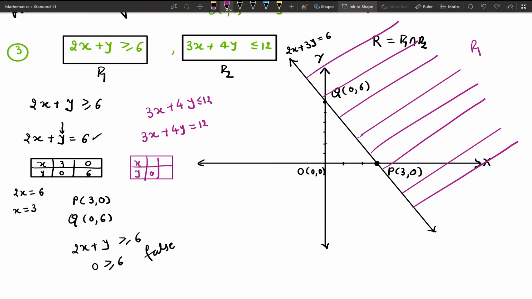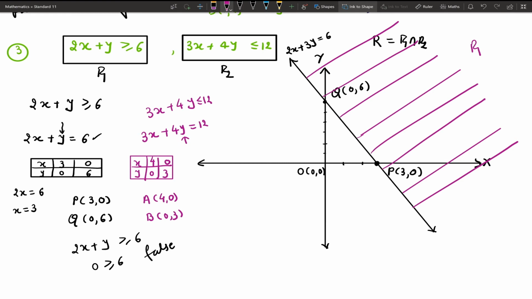We take y coordinate 0, that means a point on the x-axis, so 3x equal to 12, so x equal to 4. So one point is A 4, 0. Now take x equal to 0, so 4y equal to 12, so y equal to 3. So another is B 0, 3.